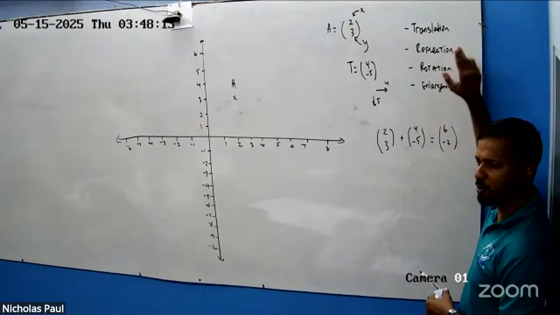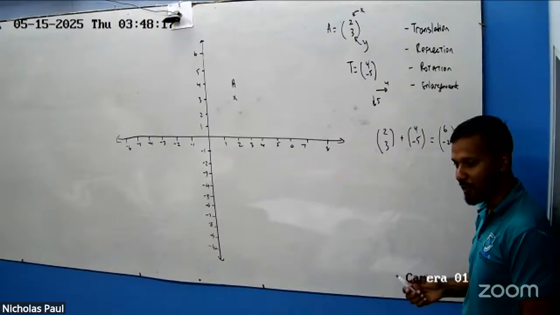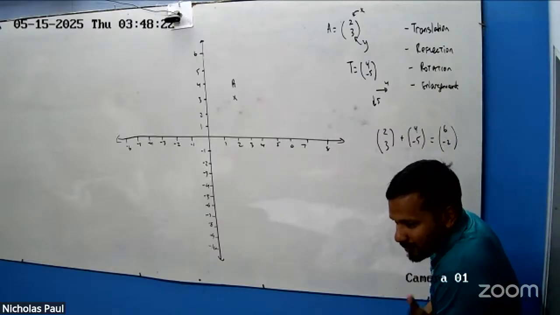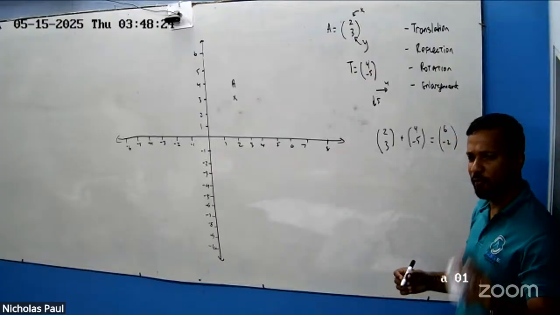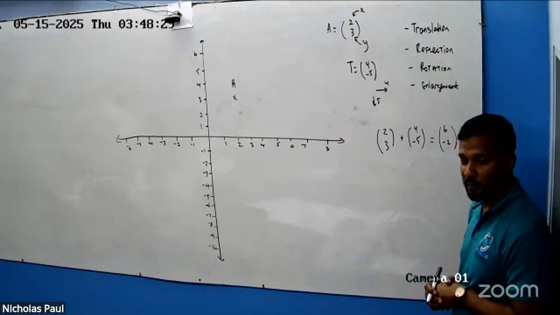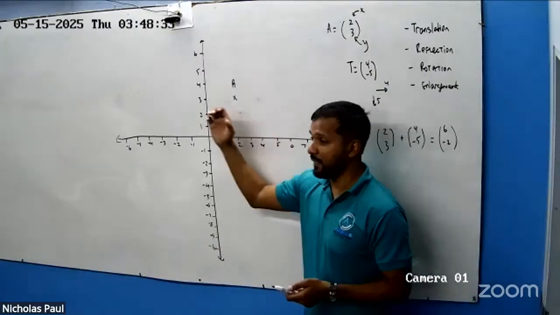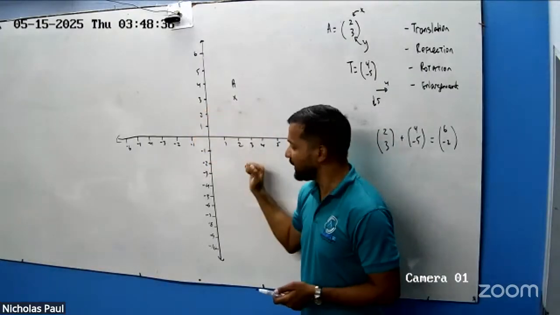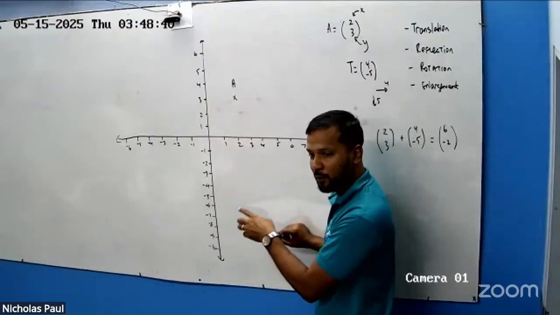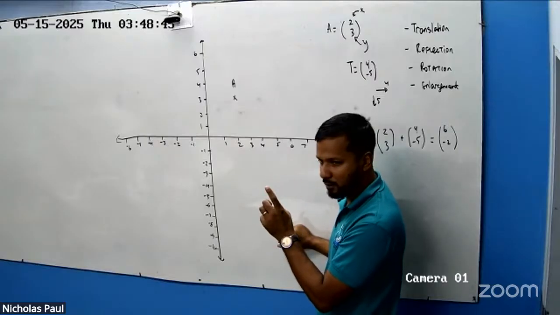Today, and we did 2 reflections, right? What are the 2 reflections that we did? Remember, 2 reflections that we did. What are they? We did reflection in the x and the y. How do you reflect a point in the x? You change the sign of the y value.